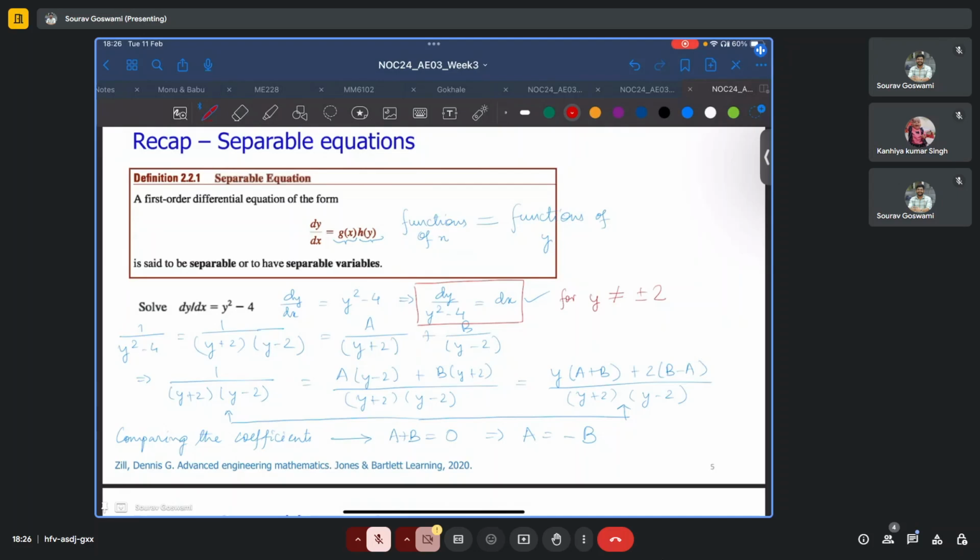So for all y which are not equal to plus and minus 2, this equation holds and can be solved as such. Whereas for these two special numbers, the poles of this equation, dy by y square minus 4 equals dx, we will have to work separately.